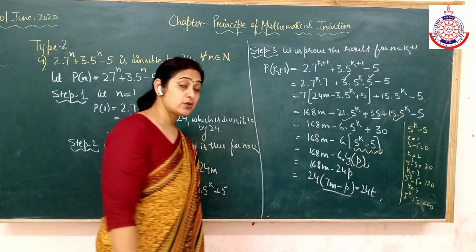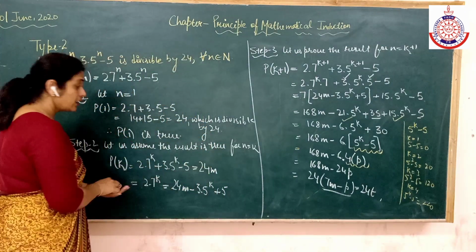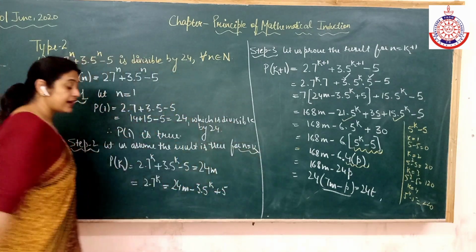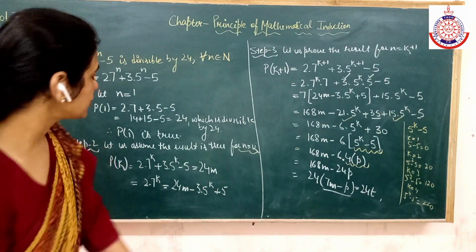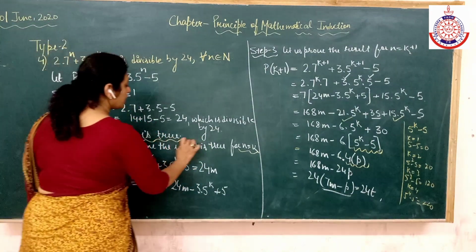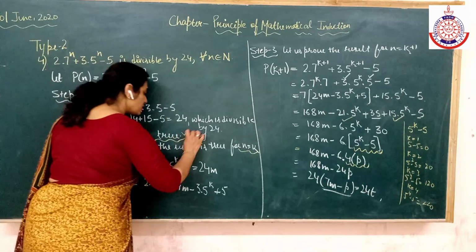That means p(k+1) is divisible by 24 whenever p(k) is divisible by 24. Whenever p(k) is divisible by 24, that's a condition. The result is also true for n is equal to 1. The result is true for n is equal to 1.